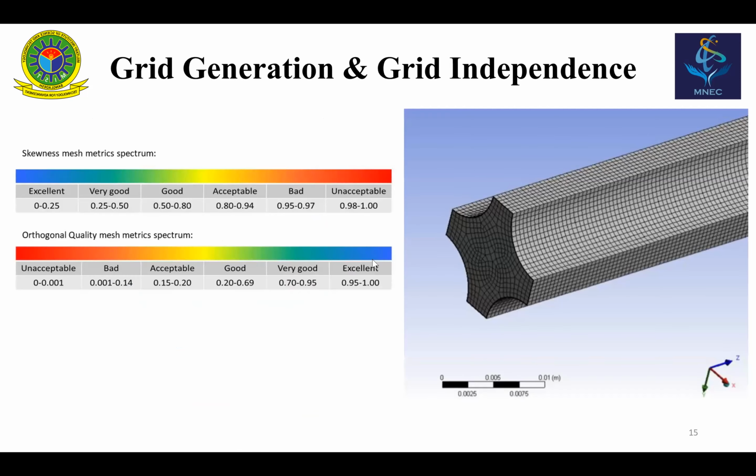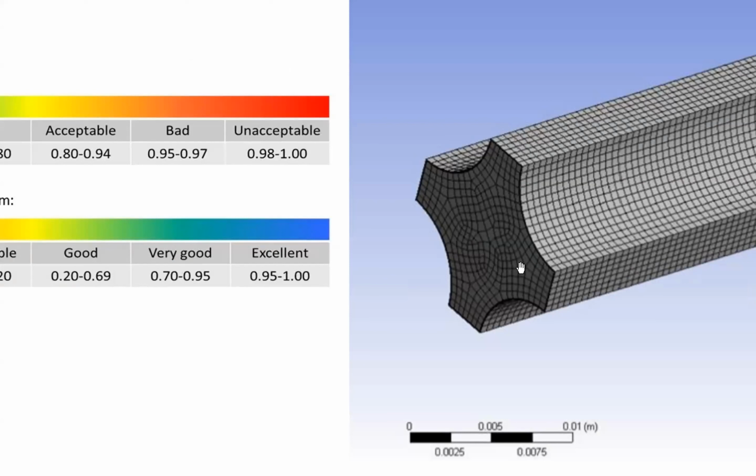So this is the real scenario of the mesh that we created in our computational domain that we have shown earlier. That is the computational domain for the AP1000 reactor fuel subchannel. You can see that on its faces here, we have created some quadrilateral meshes. And in this face, we have some combined meshes.